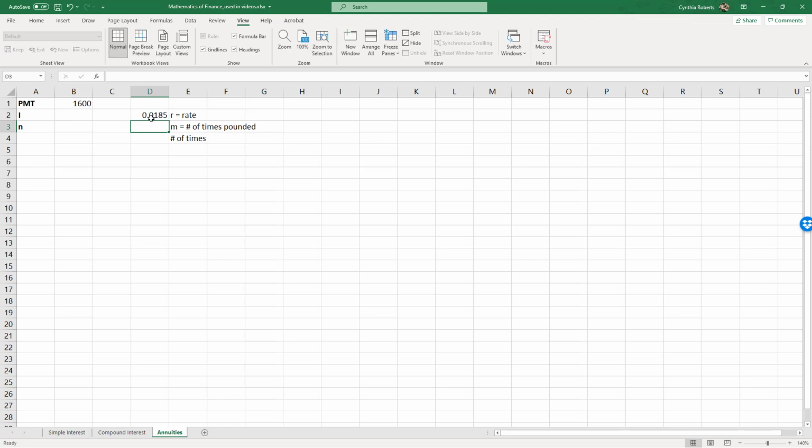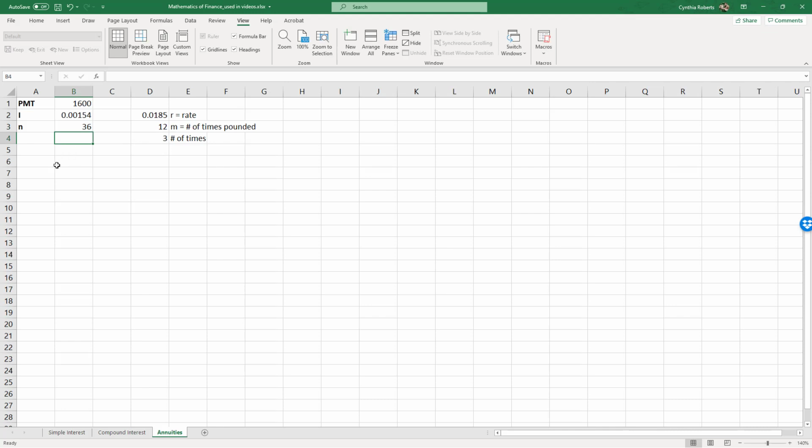It was compounded monthly and for 3 years. Okay, so the total time. And so that means my interest equals my rate divided by number of times compounded. That means my N is my M times my time T.